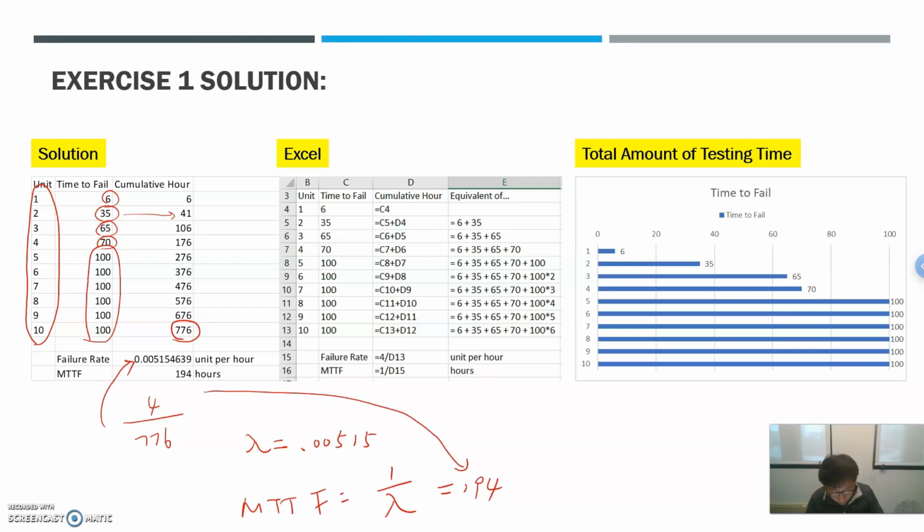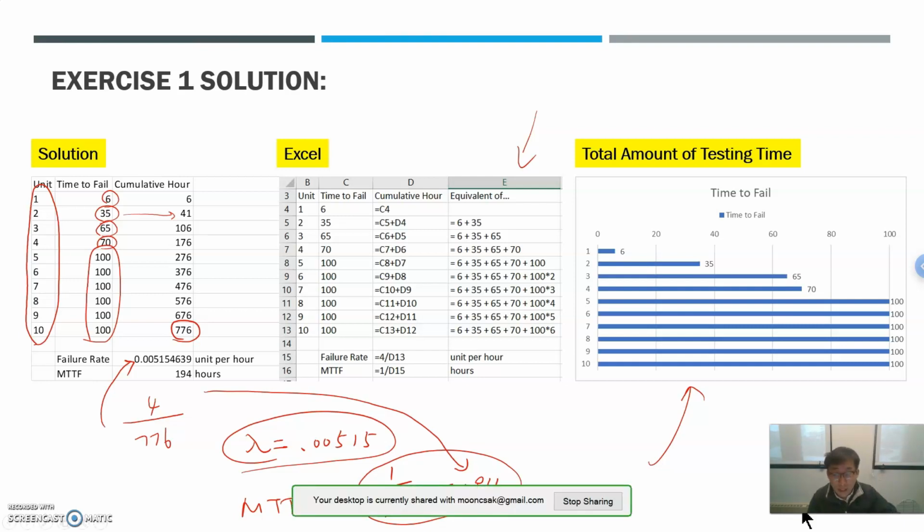So in general, you have to wait 194 hours to experience the very first failure. So this is, as usual, the Excel solution. This is a visualized version of it. So we got our lambda, we got our mean time to fail. I hope you're clear at this point. Let's continue to move on.